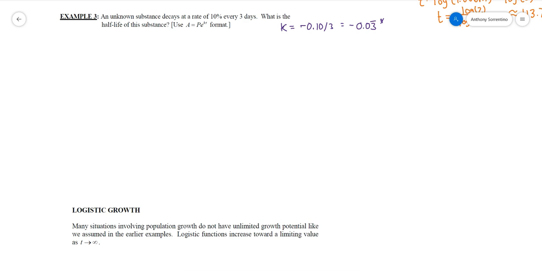So I'm going to use a two-step process. I have this formula I want to use. My first step is I'm going to find K. I'm going to expect it's going to be somewhere close to this. And by the way, that's negative 0.333 repeating.